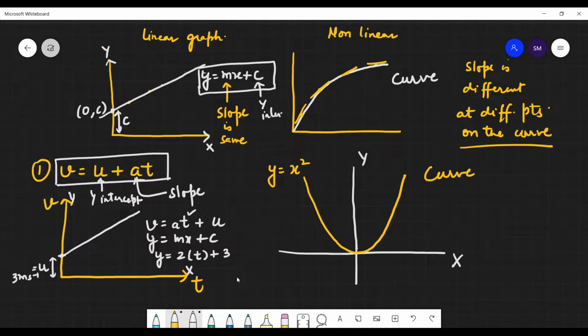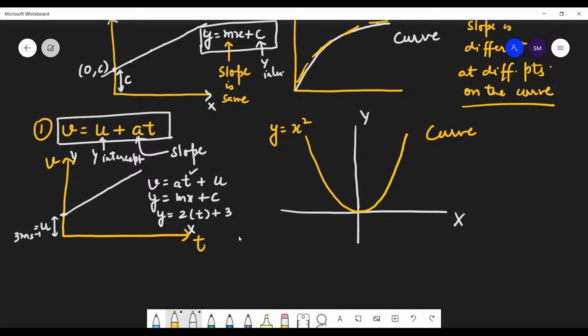Now let us start t equals to 0. So put t equals to 0, what will you get? So v is equals to u plus at.